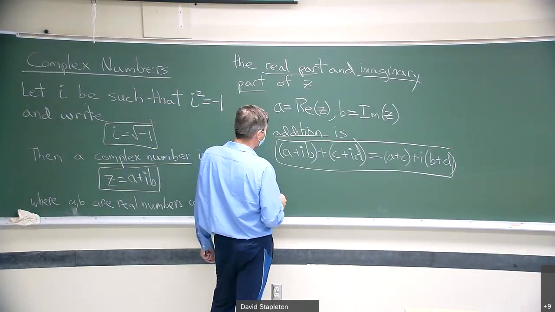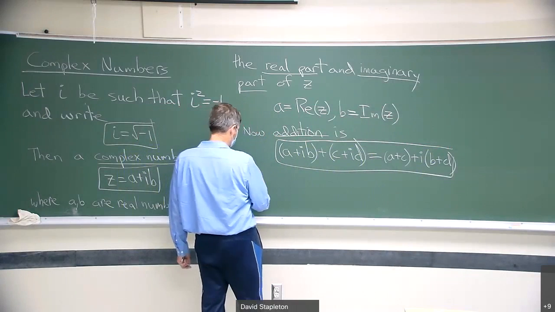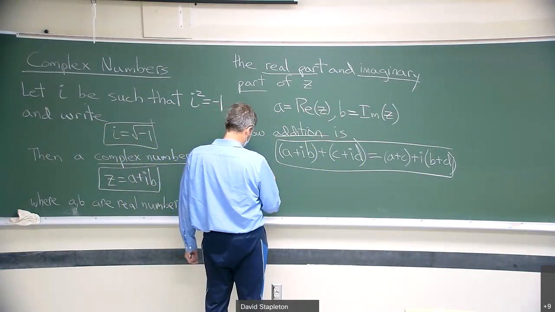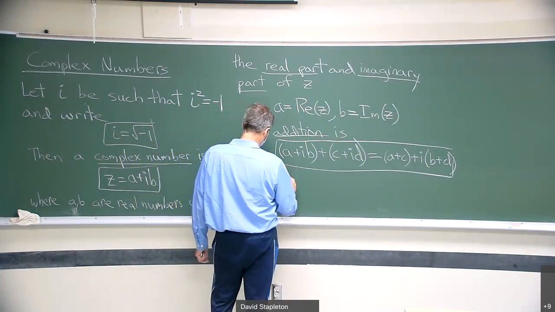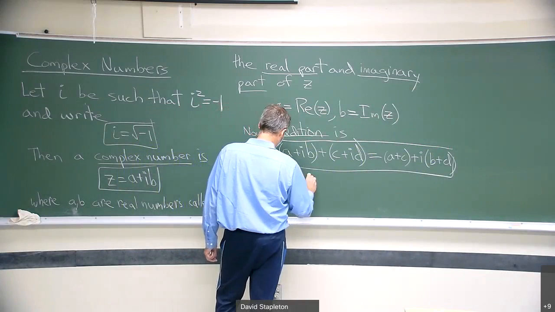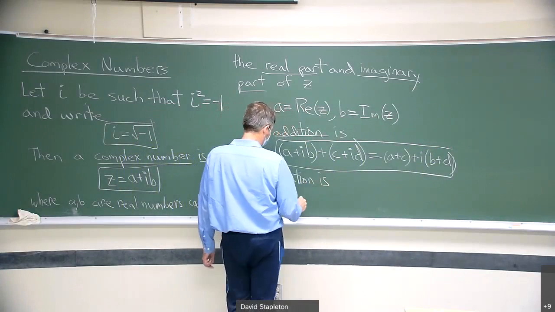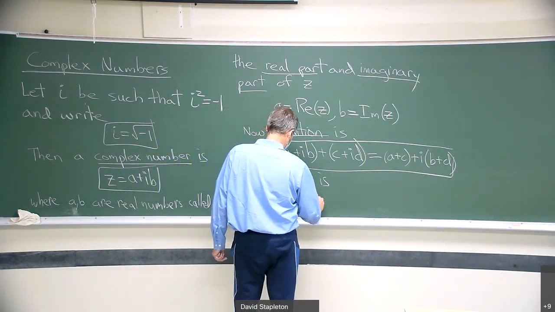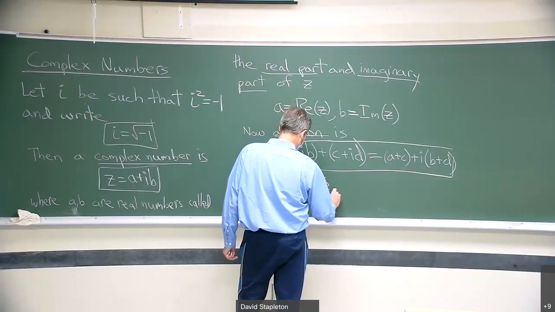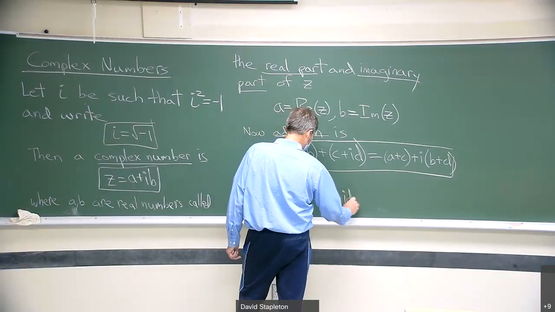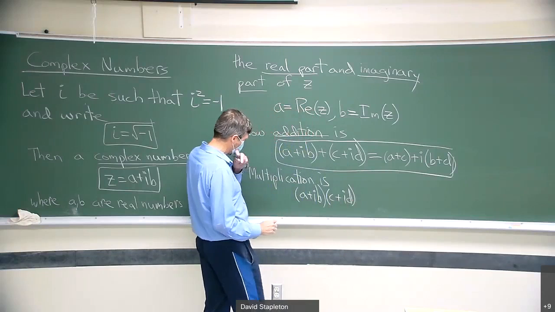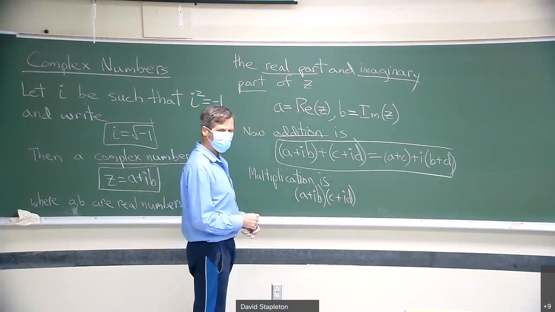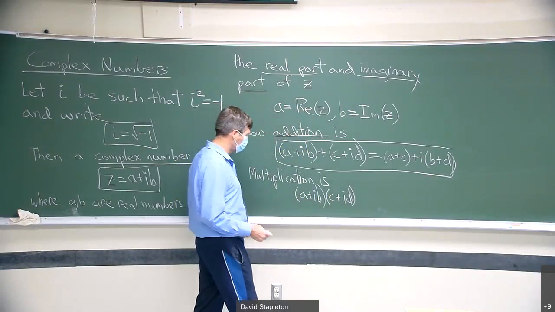And also we can do multiplication. We'll define it like this. If I take a plus ib, c plus id, two complex numbers, and multiply them together, I like them to follow the usual FOIL prescription, right?